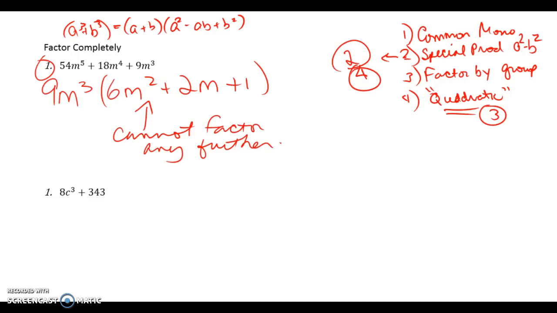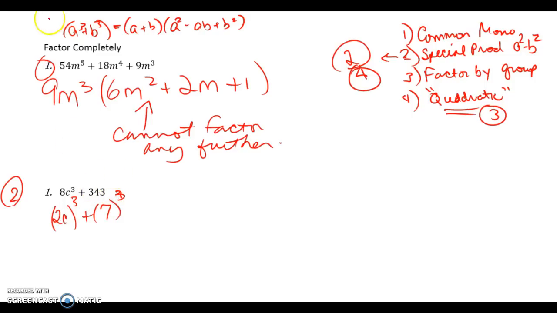Okay, the next one. Notice 2 terms. I'm going to look at my special products. Well, it turns out I have a sum of cubes. So I'm going to figure out what's actually cubed here. It's 2c. And what's actually cubed here, it's the 7.